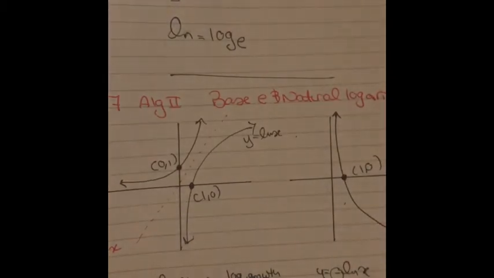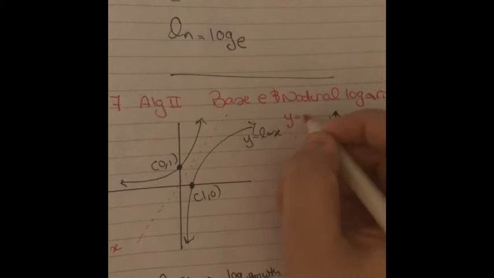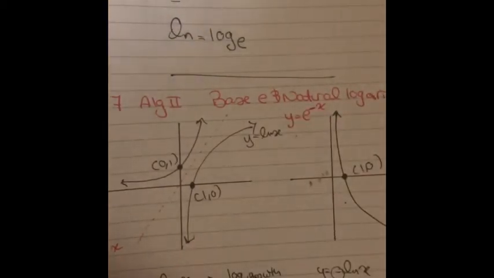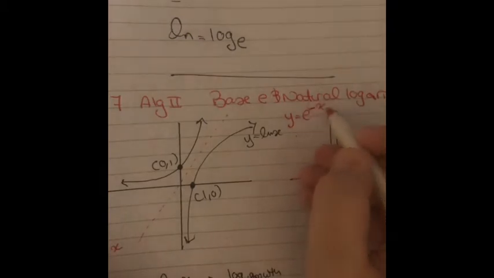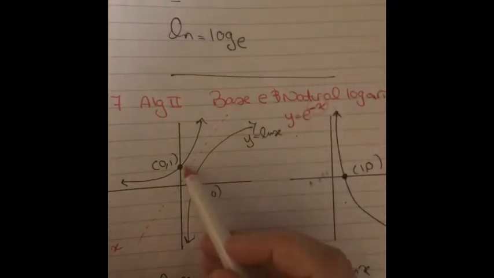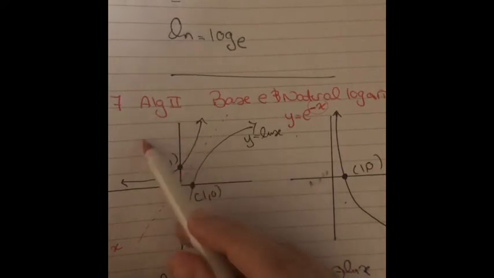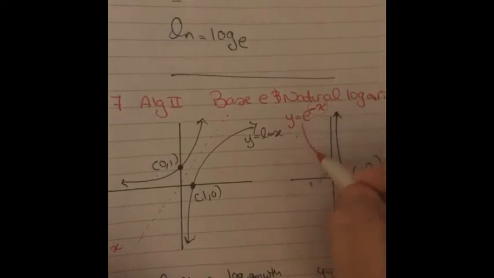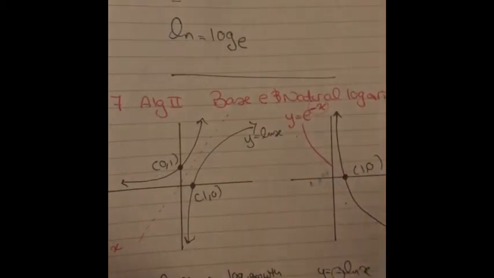And if I want the graph of y equals e to the power of negative x, this negative is inside the function, so it's a reflection on the y-axis. What will happen? This will come here and this will go there, so the graph looks like this.